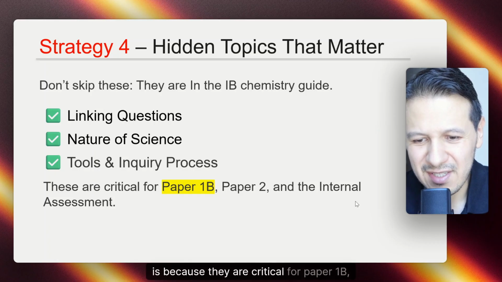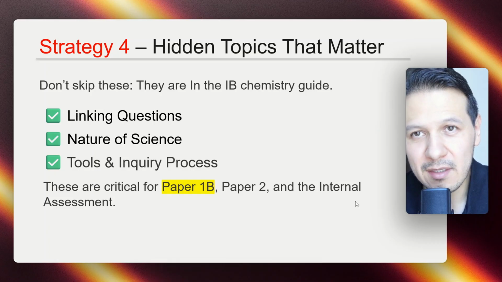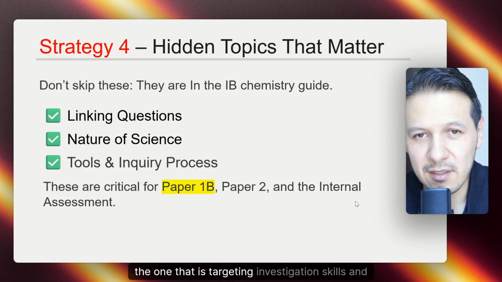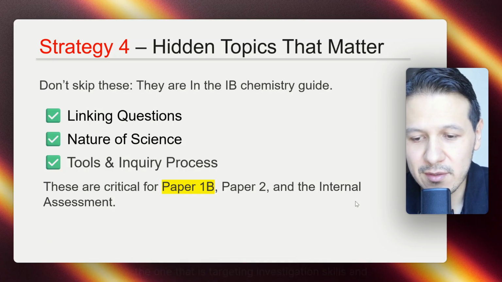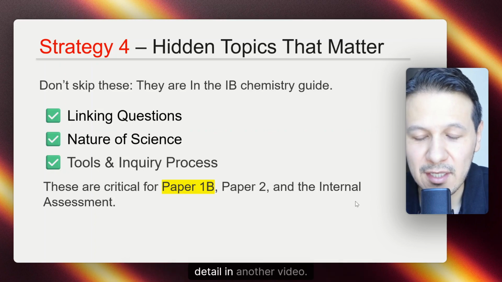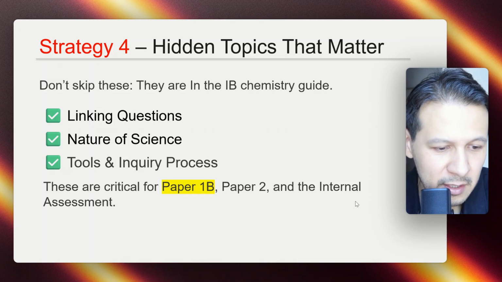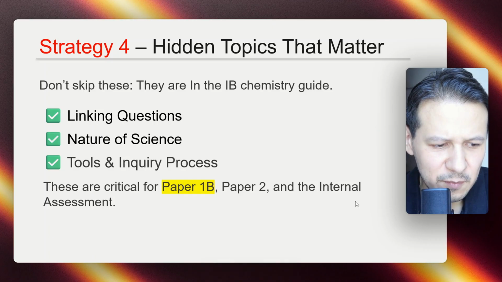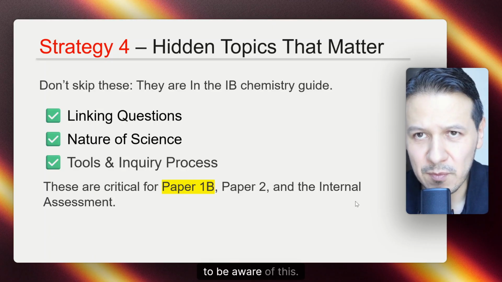Because they are critical for Paper 1B, the one targeting investigation skills and laboratory skills, Paper 2, general content, and the internal assessment. I will explain what all of these assessments mean in detail in another video. So it's very important to be aware of this.